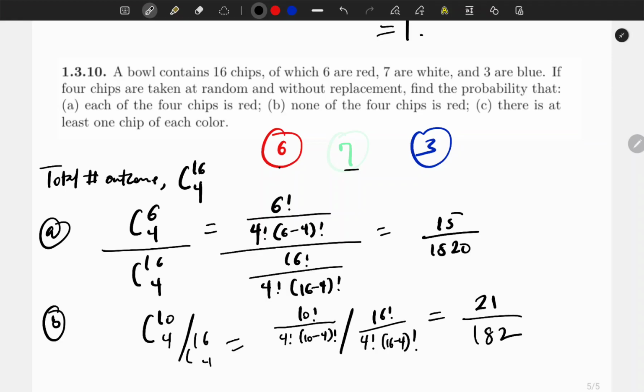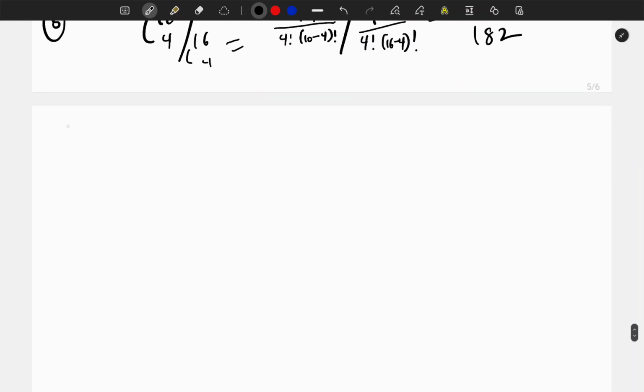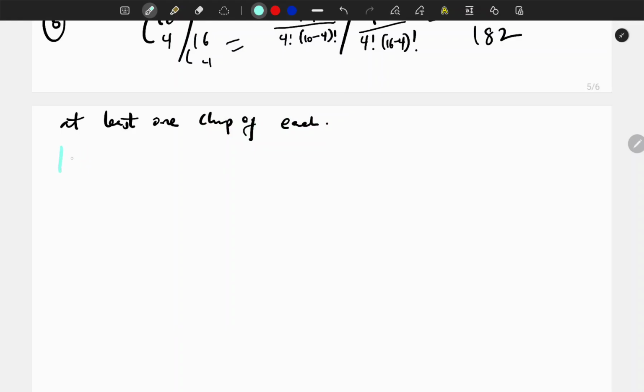So the next question is, there is at least 1 chip of each color. At least 1 chip of each. That means what? Sorry, there's no black in the equation. Maybe we have 1 white, 1 red, and 2 blue.